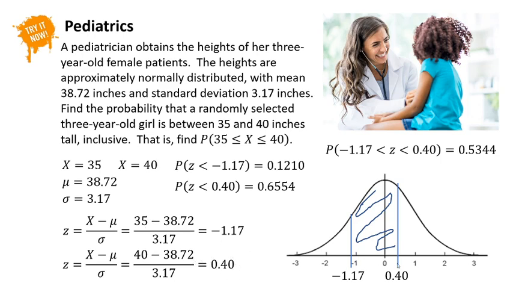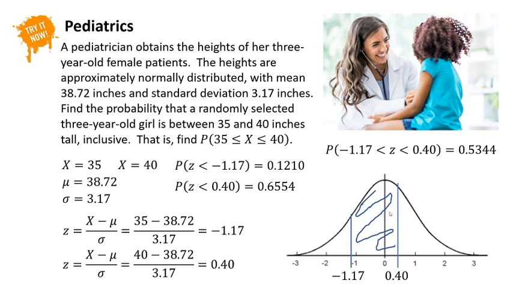So on the standard normal distribution, we can redraw this as a range between negative 1.17 and 0.4 on this standard normal distribution, in which we've got a mean of 0 and a standard deviation of 1.